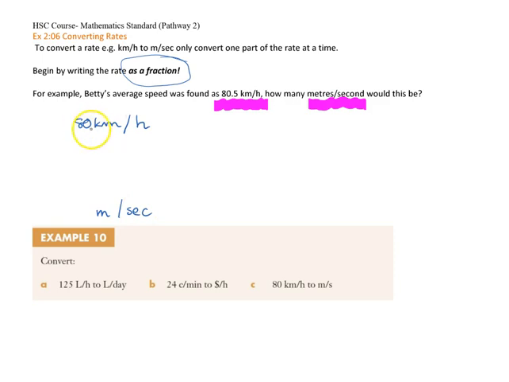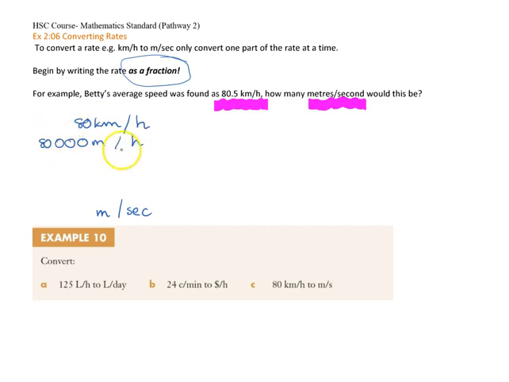So we'll work on converting our kilometres. Convert these first, and then we'll think about converting the hours. I think most people know to convert kilometres to metres, it's one simple step of there are 1,000 metres in a kilometre, so 80 kilometres can be just written as 80,000 metres.